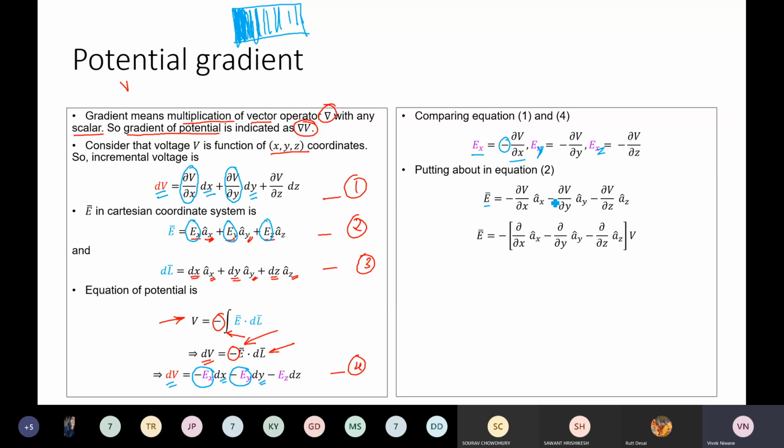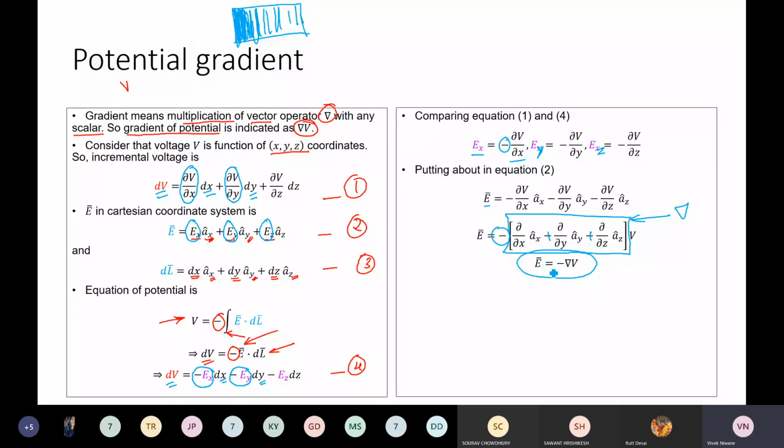And we can rewrite this one, taking V common from each and every term: minus of del by del x ax cap, minus del by del y ay cap, plus del by del z az cap, into V. And you can remember this expression, this is nothing but your del operator. So we can write down E bar is equal to minus del V. This minus sign has come here as it is.